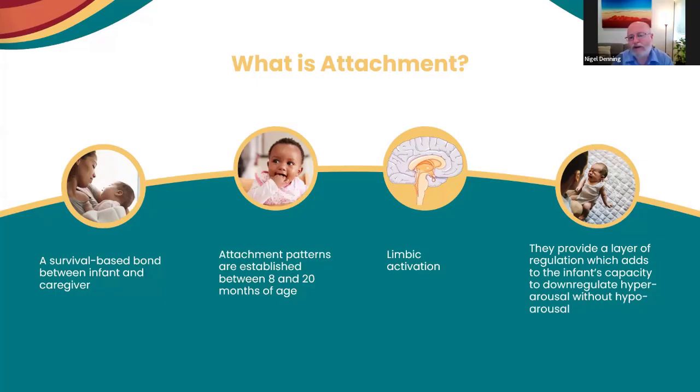So if the parenting is good enough to provide a pattern of security, then the child starts to develop down-regulatory capacity. If the attachment skills of the adult parent are not able to achieve that, then the child adapts in various ways.